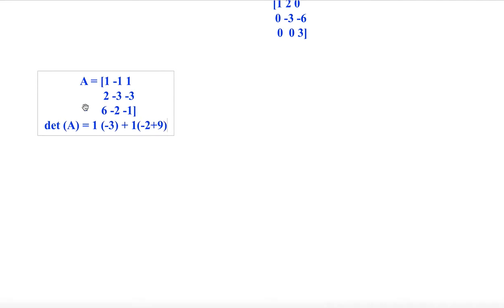I would have chosen any row or any column. I would prefer to choose either second row or third row because anyway these are ones, multiplication will become easier. But you need to get acquainted with one row first. That is the reason why I chose first row.